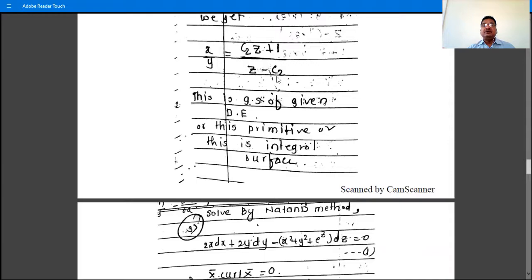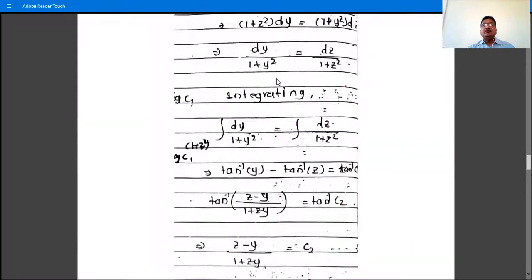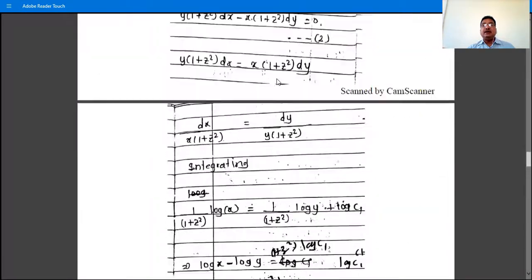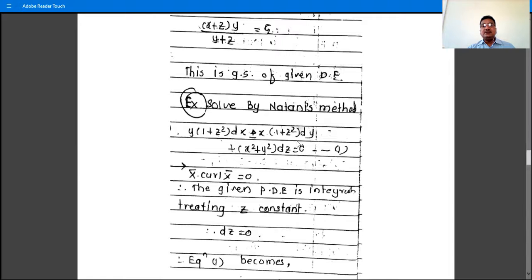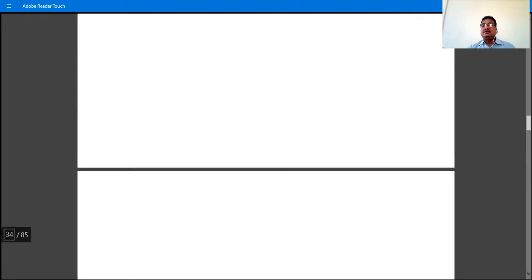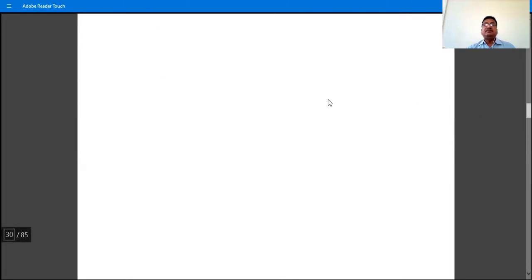Here we have to apply Nutani's method; otherwise, this Pfaffian differential equation is of the one variable separable type, and we have its answer in the one variable separable form.